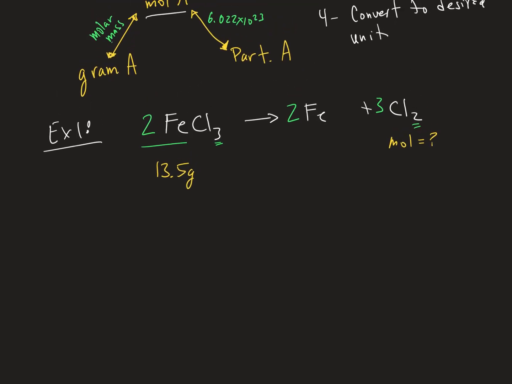Okay, so now what? This is where I gotta go, and this is what I know. I always start with what I know. We start with 13.5 grams of FeCl3, and I don't want grams of, in fact, oh, it's not grams. Is it grams? No, it wasn't grams. My bad. Moles.